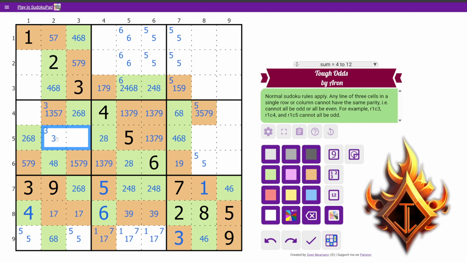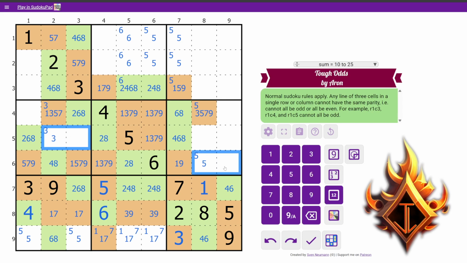If 4 is here, 4 will be down here. 4 will be in one of those, which would mean 4 is in one of these.